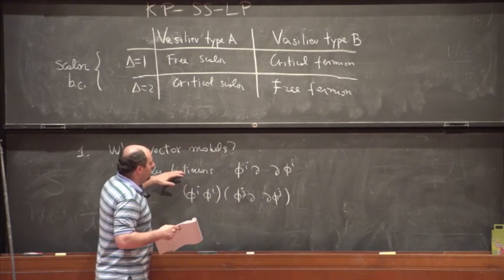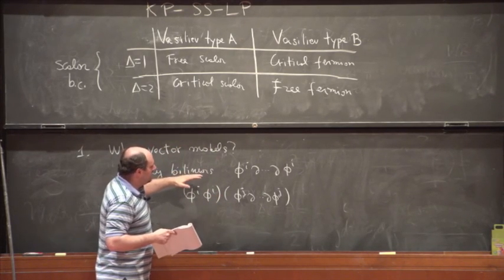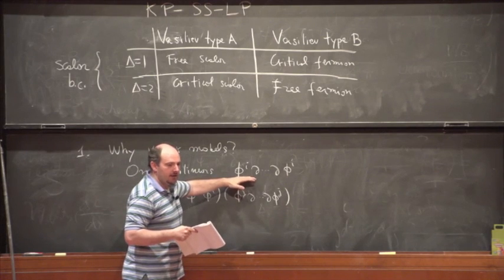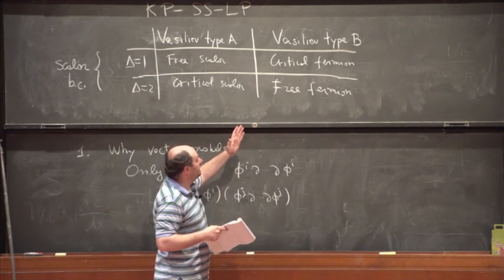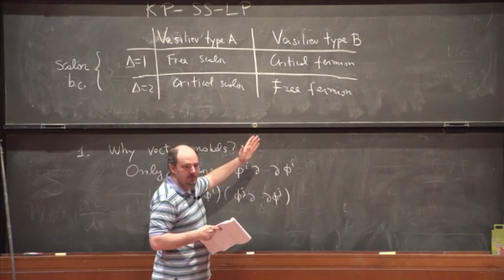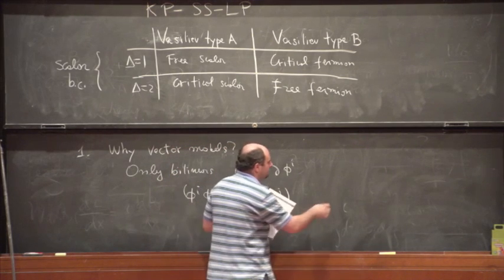Okay, so the spectrum of vector models is very simple at the single trace level, and that's why they can be dual to pure, simple higher spin gauge theories of Vasiliev type.